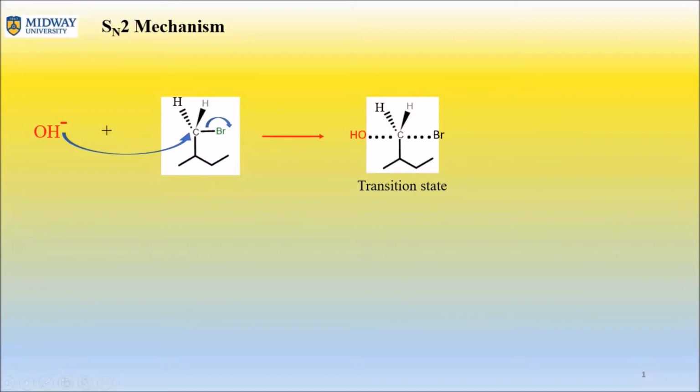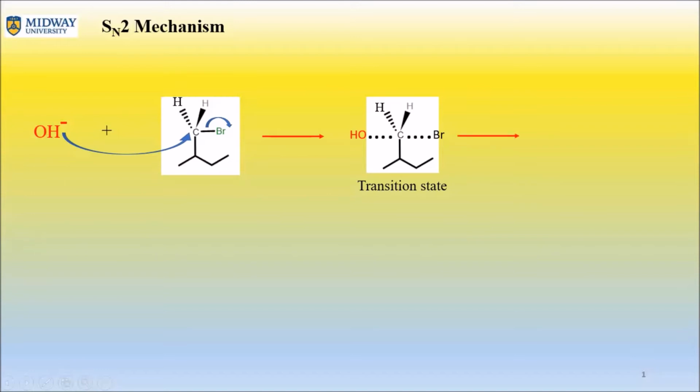So Sn2 reactions are concerted reactions, and they only contain a transition state. A transition state is very, very short term. It doesn't last very long, meaning you cannot isolate it. It just happens so quickly that the bond between OH and carbon is formed and the bond between carbon and bromine is broken, all very quickly, okay?